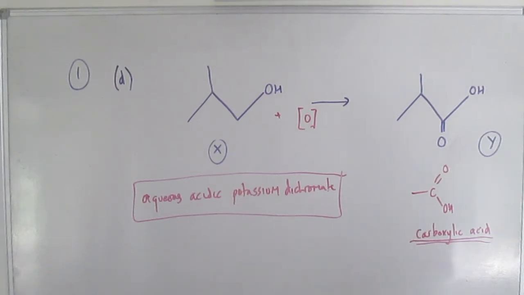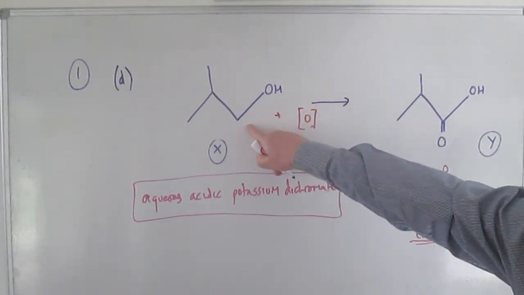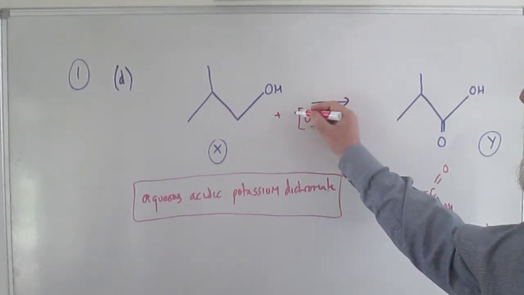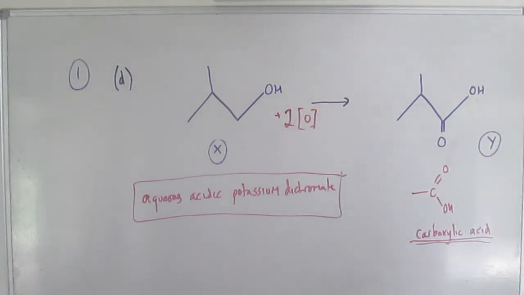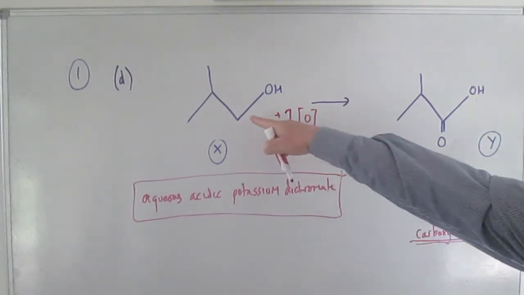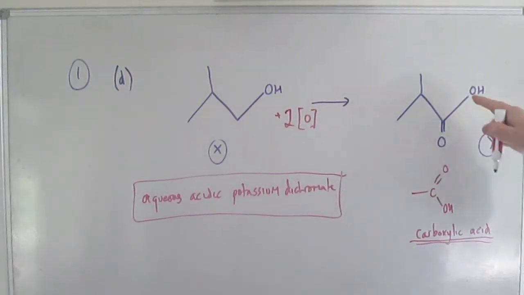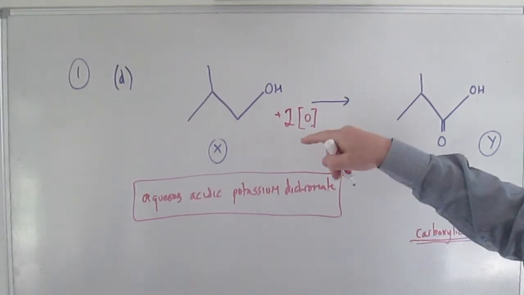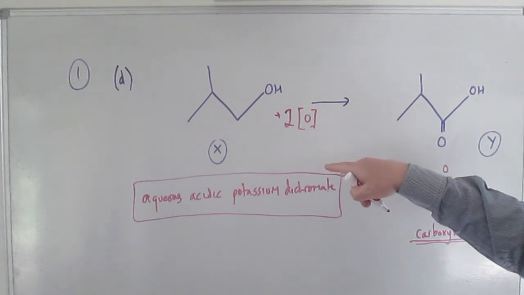Now the thing you have to remember is that when you go from a primary alcohol to a carboxylic acid, that's a double oxidation, because you're going first to an aldehyde and then from the aldehyde to the carboxylic acid. So you need two magic oxygens, one to get from there to the aldehyde stage, and then the second one to get to the carboxylic acid. And the other thing you have to remember is that in that first stage of oxidation, you're not adding an extra oxygen in.